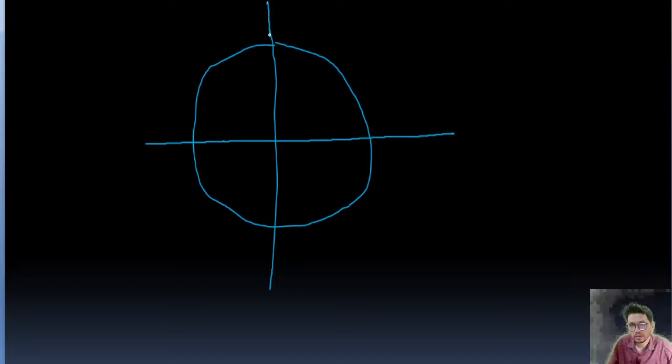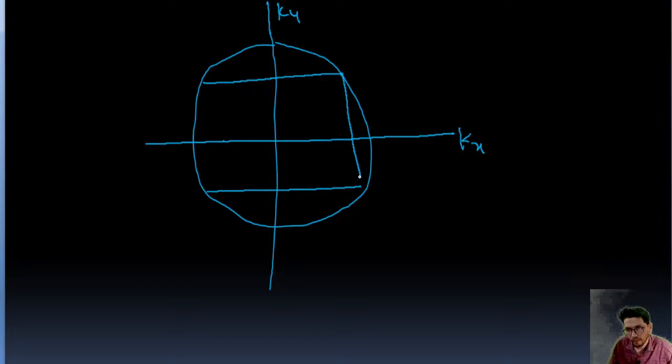I'm making a diagram in the first Brillouin zone, in momentum space. So this is kx and this is ky. This is the lattice, guys. It is a square, though not looking exactly like one. Consider it a square inside the circle. So this is the first Brillouin zone.